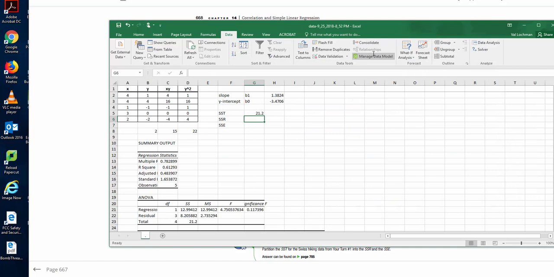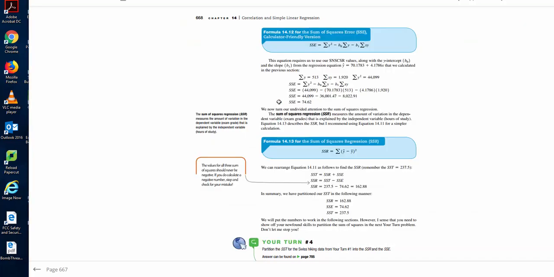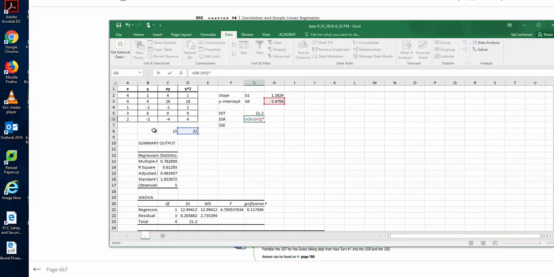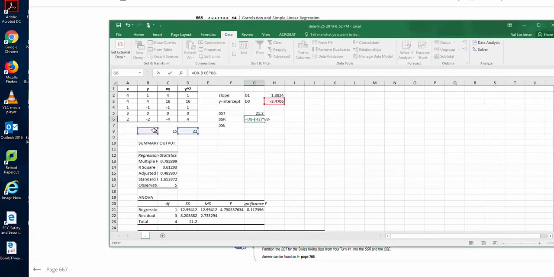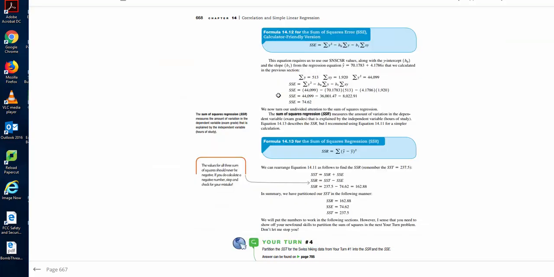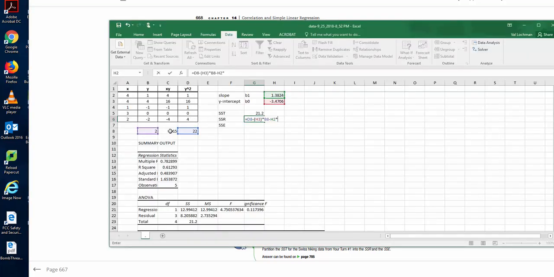So I just need to carefully plug this into our Excel file. Okay, so we need the sum of y squares minus what? The y-intercept. So I'm going to be just a little cautious here and put parentheses around it. Times what? Okay, times the sum of all y's, right? Minus the slope times the sum of xy.